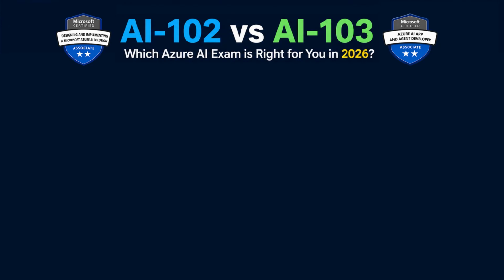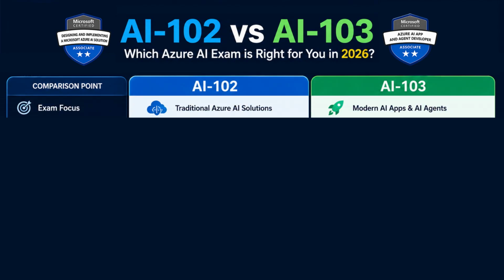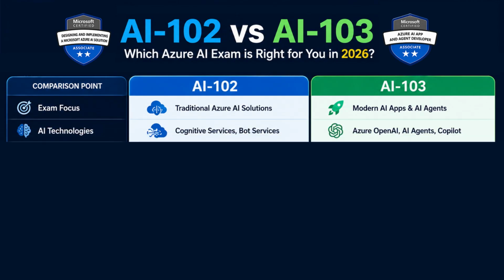Major comparison table. Now let's quickly compare both exams, step by step. First, if we talk about the exam focus, AI-102 focuses on traditional Azure AI solutions, while AI-103 focuses on modern AI apps and AI agents. Next, the AI technologies. AI-102 mainly covers cognitive services and bot services, whereas AI-103 includes Azure OpenAI, AI agents, and Copilot technologies.